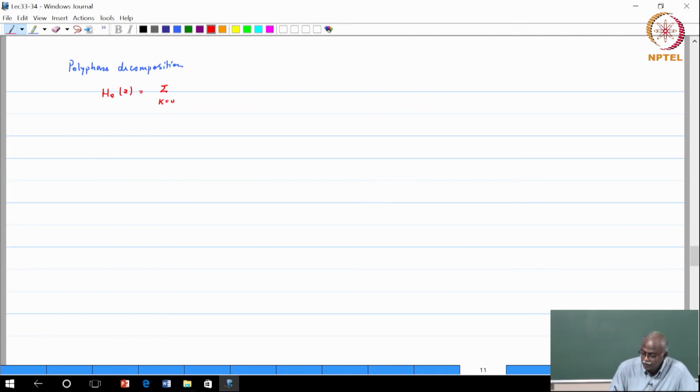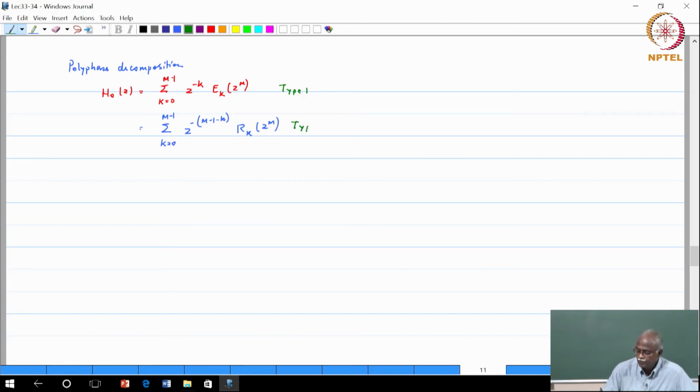Summation k equal to 0 to m minus 1 z power minus k e k z power m. This is type 1. Type 2 is summation k equal to 0 to m minus 1 z power minus (m minus 1 minus k) r k z power m.